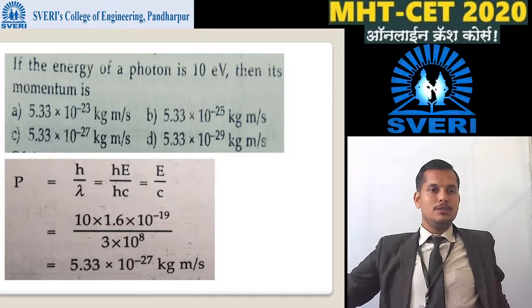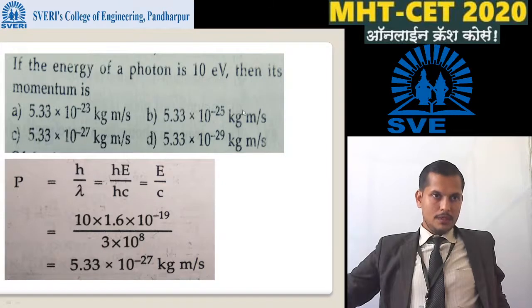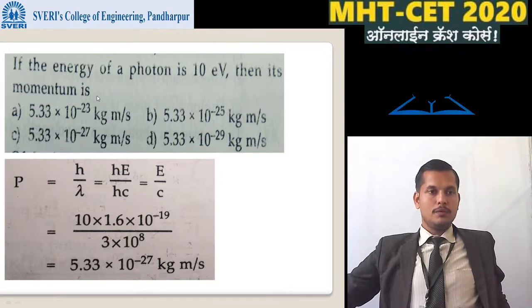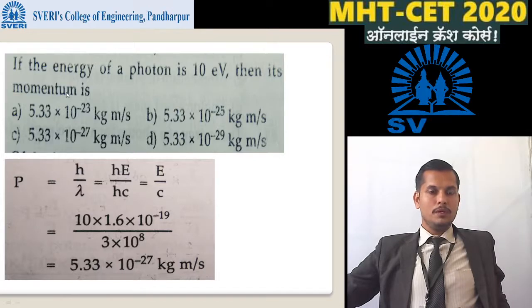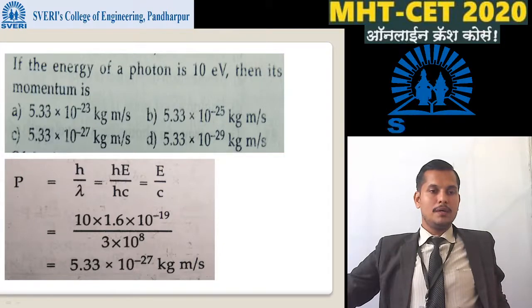If the energy of a photon is 10 electron volt, then its momentum is? So we have to determine the momentum, that is the value of P. As we have discussed right now, P is equal to h by lambda. So if we compare these equations, we can write simply E by C. The value of C we know is 3 into 10 raised to 8.